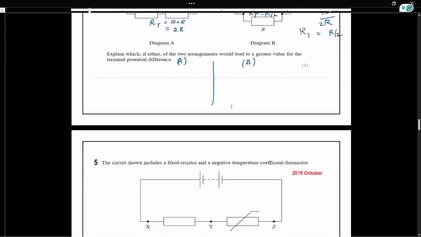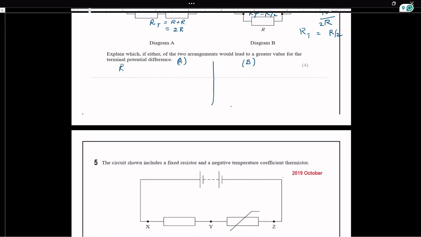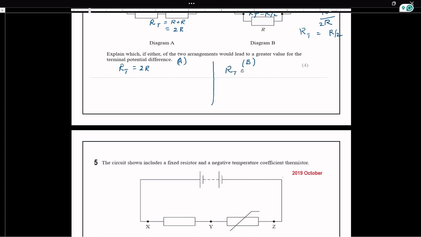Now, let us see what is the current flowing. We have already calculated the total resistance. Here R total is 2R, and here R total is R by 2. Therefore, what is the current? In the first case, the current is the battery voltage over 2R.